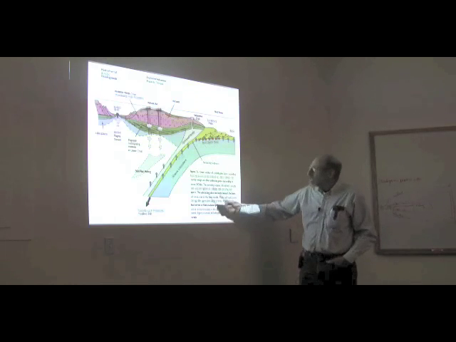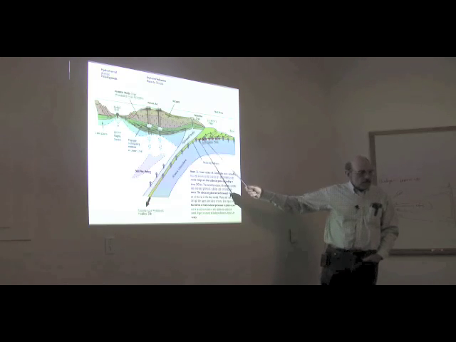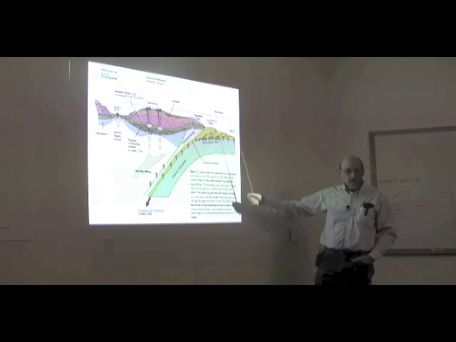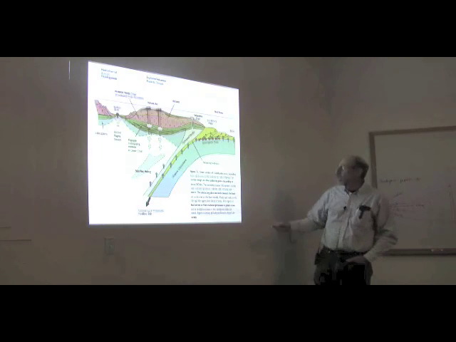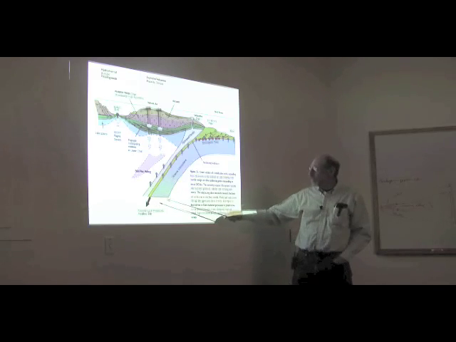So the downgoing lithosphere brings with it a fair amount of water in sediments in the ocean crust and in the upper mantle, and as it goes down, that water is driven off.